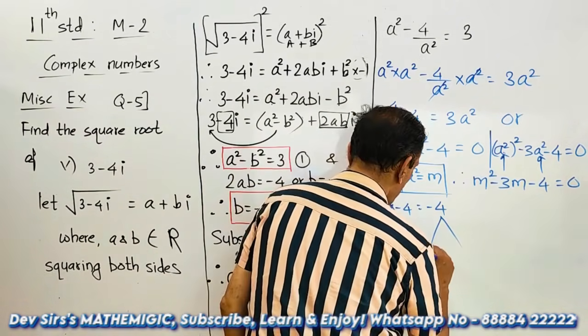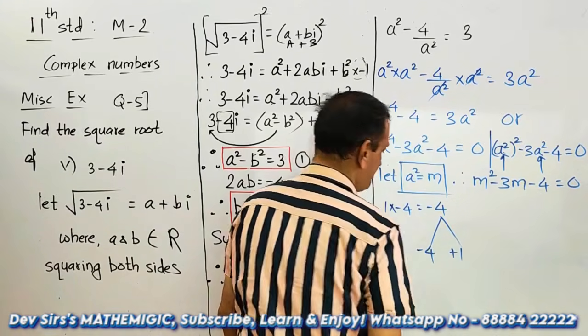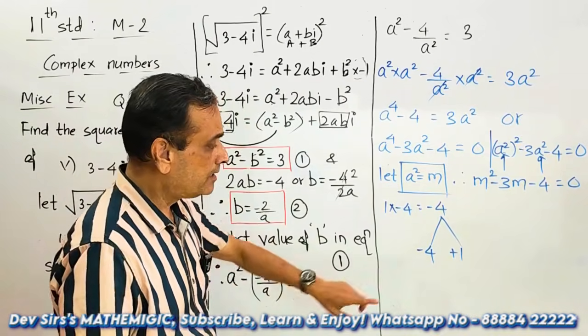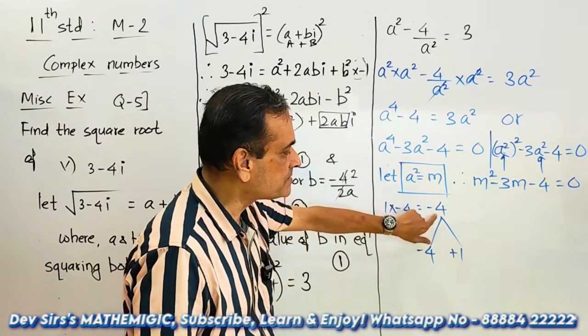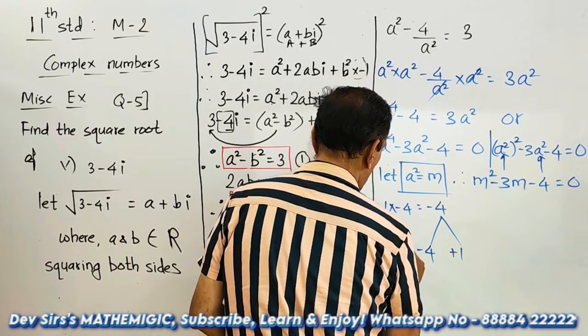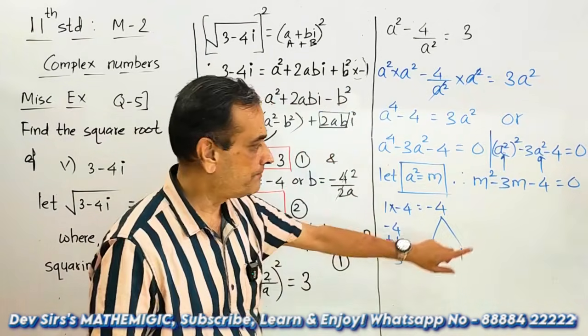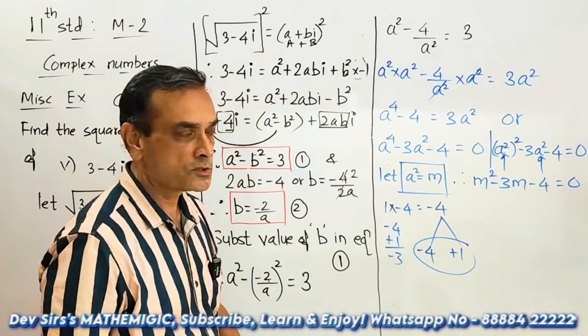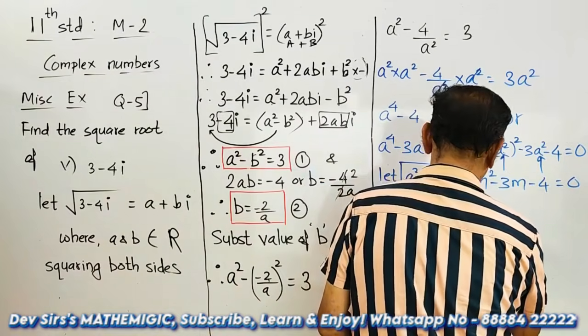The factors are simple: minus 4 plus 1. This is just a revision of 10th standard quadratic equations. Minus 4 into plus 1 is minus 4. And minus 4 plus 1, when you add, you get minus 3. So these are the two factors. So I am going to substitute over here.